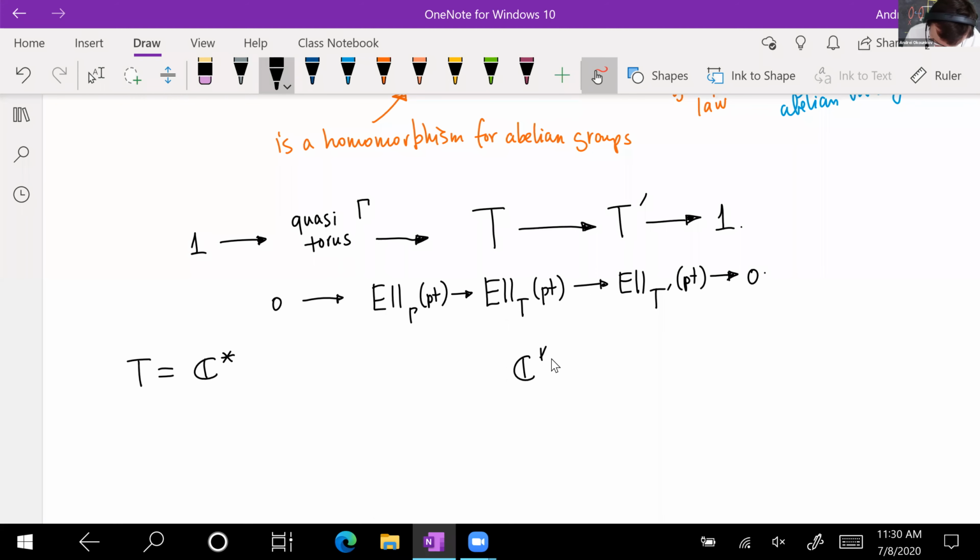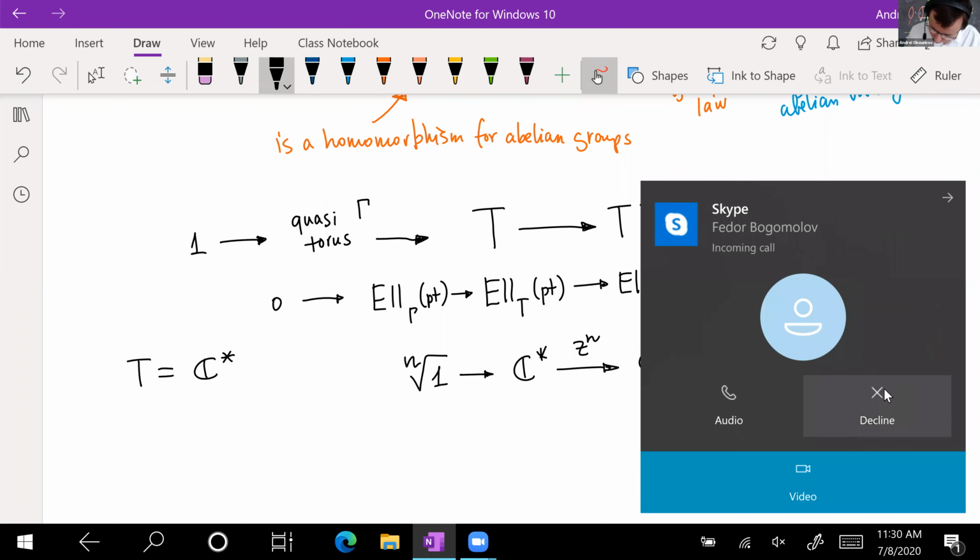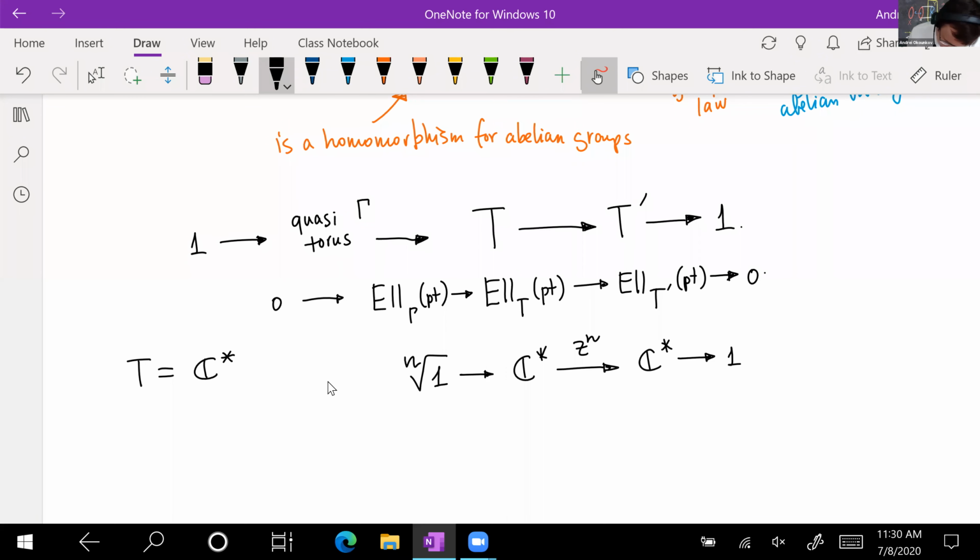C star goes to C star, the nth power map, because that map is surjective, and its kernel is the group of nth roots of unity, maybe denoted mu_n.